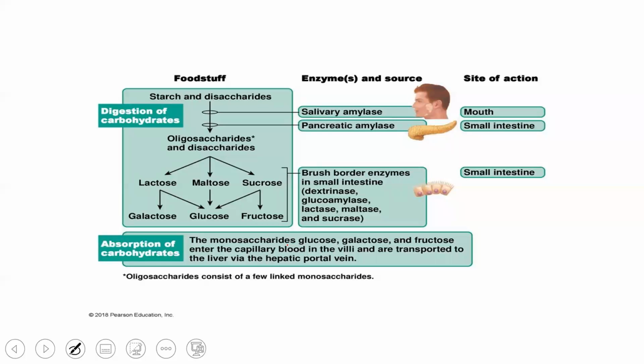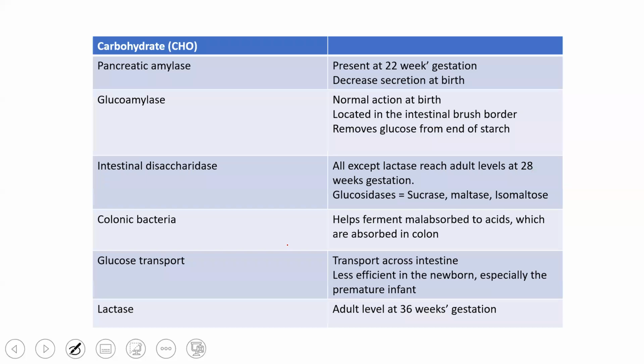Okay, so let's summarize in the neonatal review. So I give you all this information, so when you read this book, at least you understand the basic of what we are trying to achieve. Okay, pancreatic amylase, we said, is present around 22-week gestation, and the secretion is decreased at the time of birth.